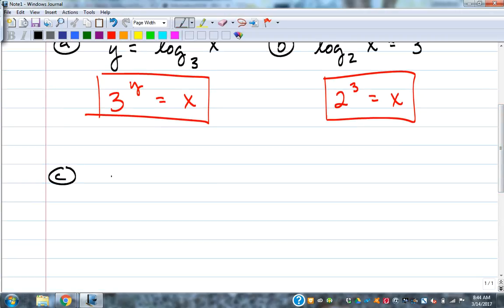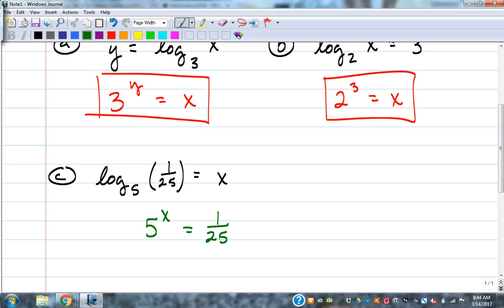Try this one. Log base 5 of 1/25 equals x. What's the base? 5. What's the exponent? What's it equal to?